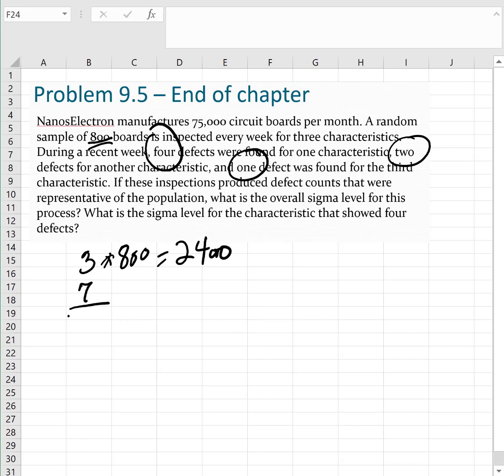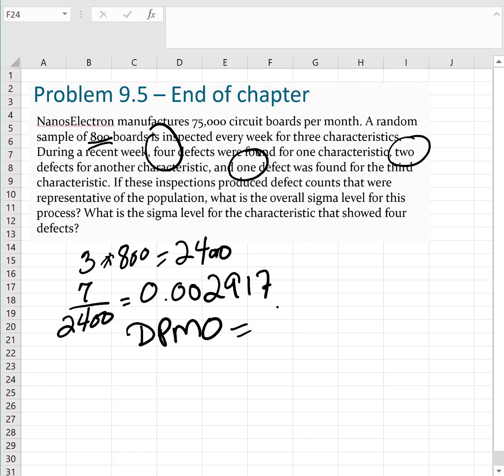So 7 total defects divided by 2,400 is our defect rate, which is 0.002917. If I multiply that by a million, DPMO is 2,917. So that's our overall defect rate for the process.